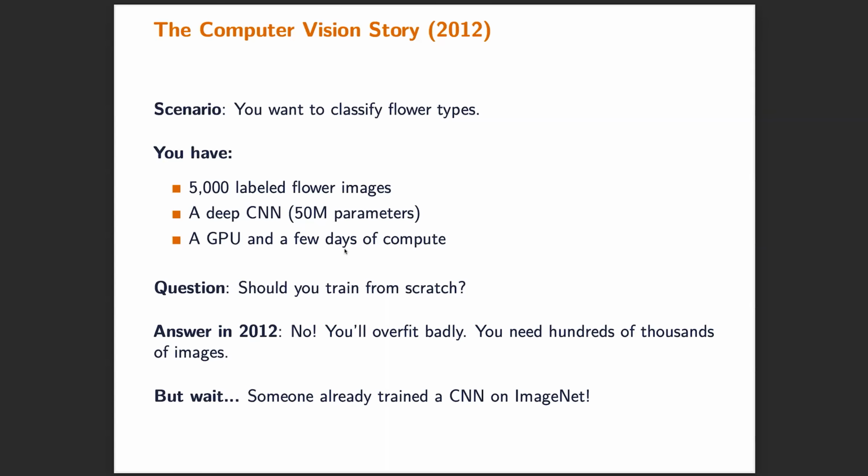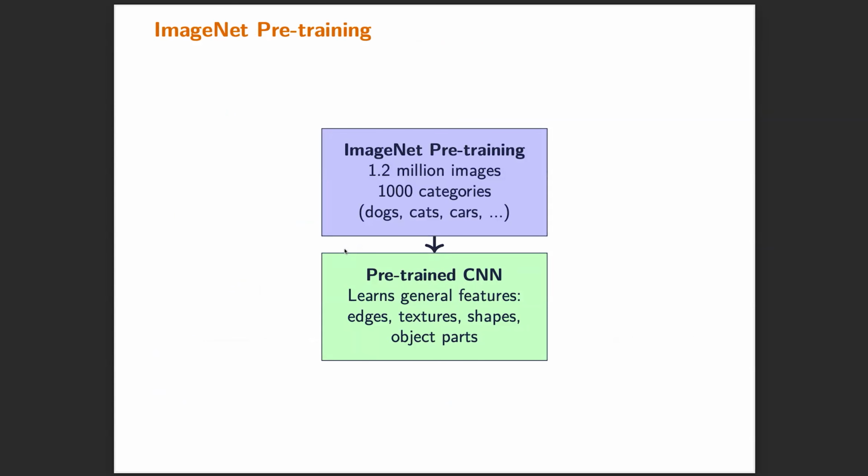The answer back in 2012 was no, because we were going to overfit badly with this number of parameters and this number of images. We cannot get a good model. But now that we have a trained CNN, possibly on a very large data set, for example ImageNet, we can use it and fine-tune it for our specific problem.